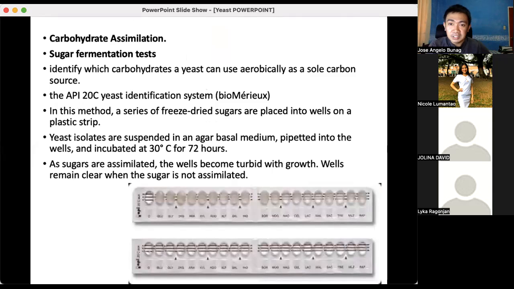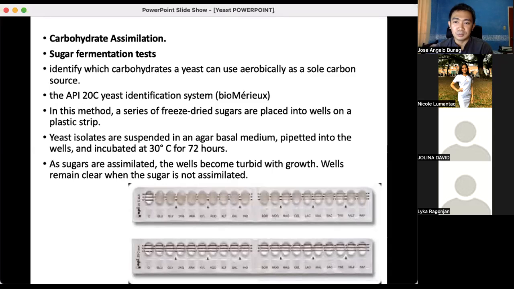For Candida species, we have different ways to utilize carbohydrate. For example, sa Candida glabrata natin, they are capable of assimilating trehalose. So let me just type in that information. Your Candida glabrata, they are capable of assimilating your trehalose.